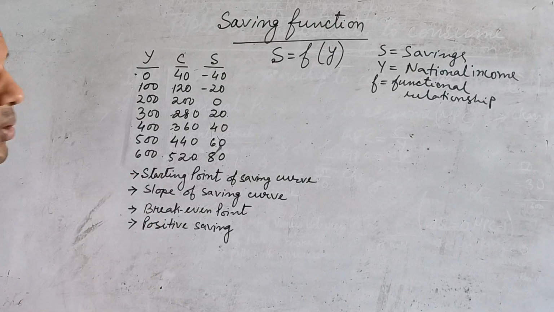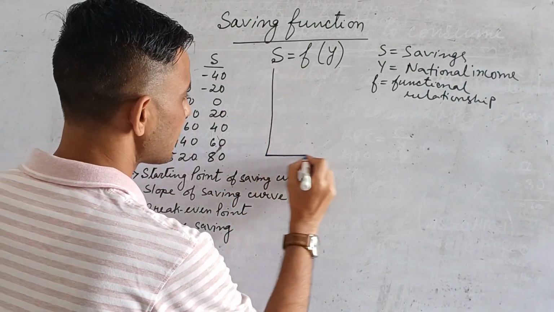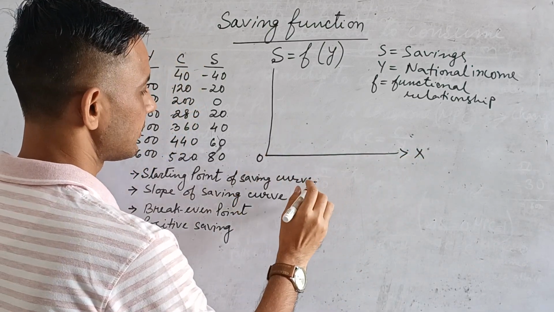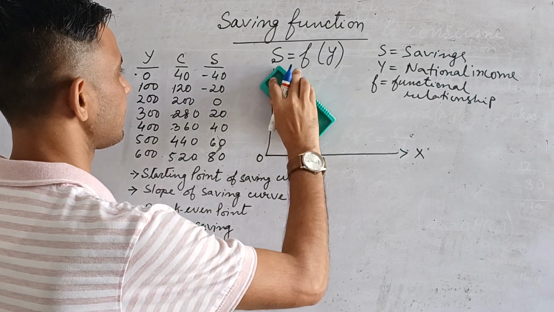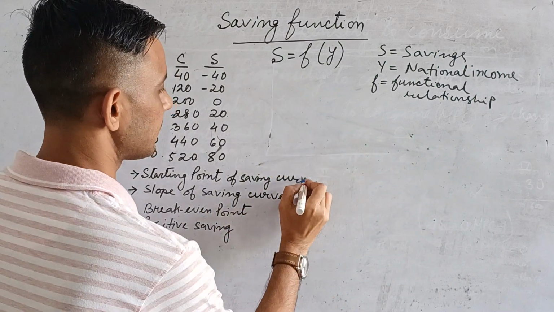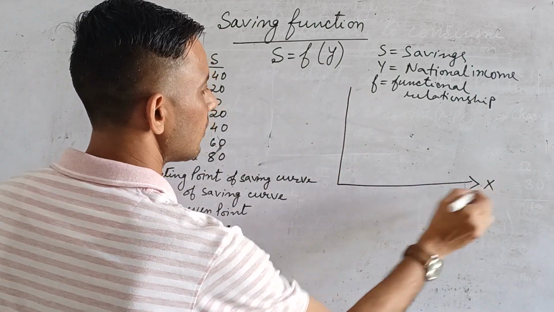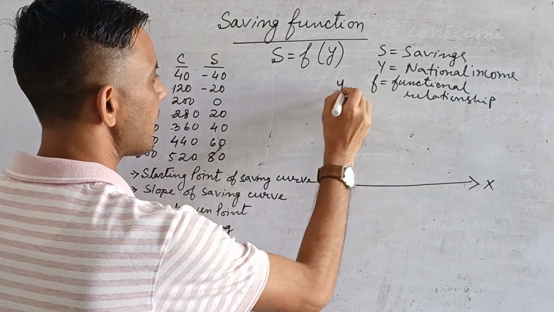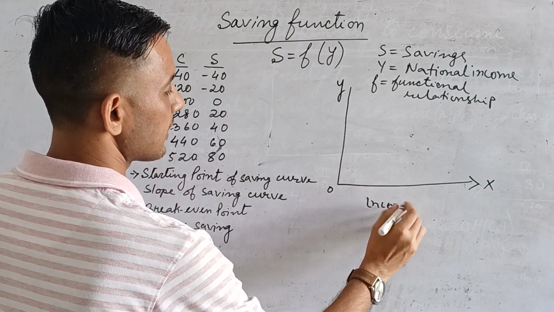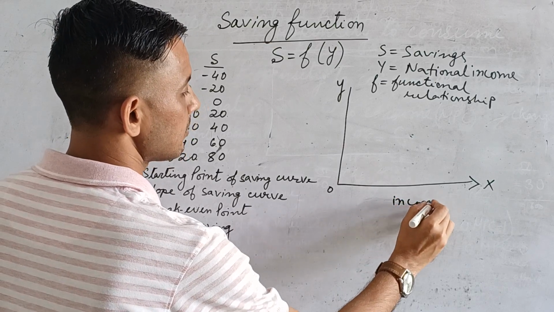Now I will show you the saving curve. See here, this one is the OX axis. I will draw here O, X, Y. OX denotes income.